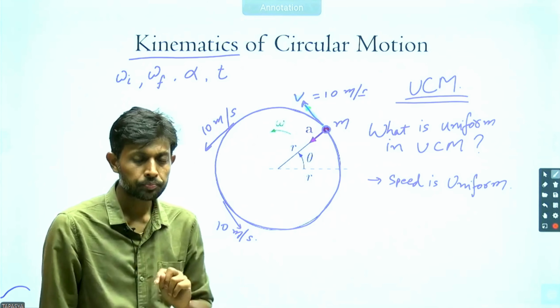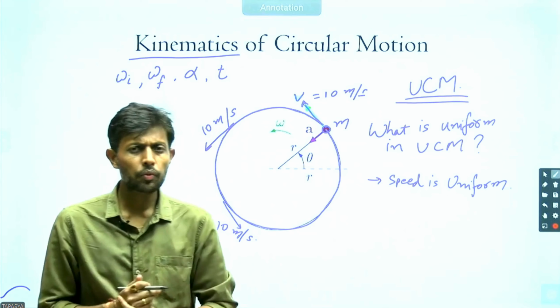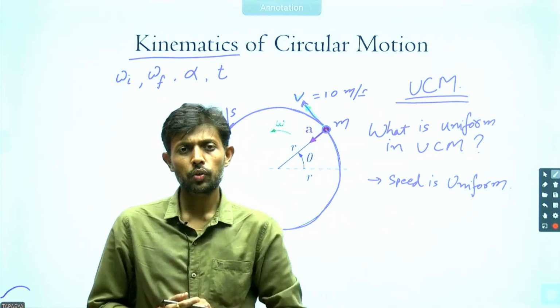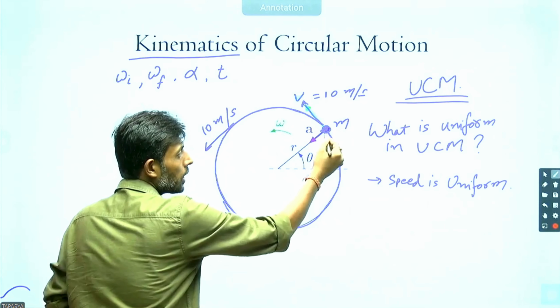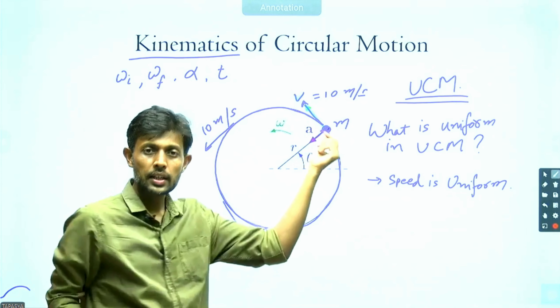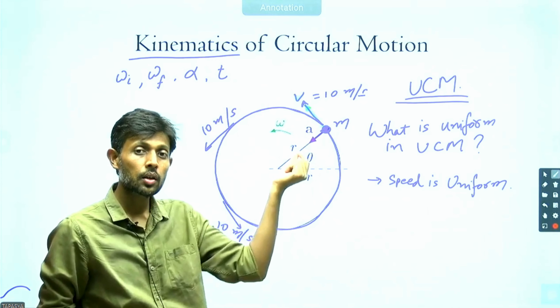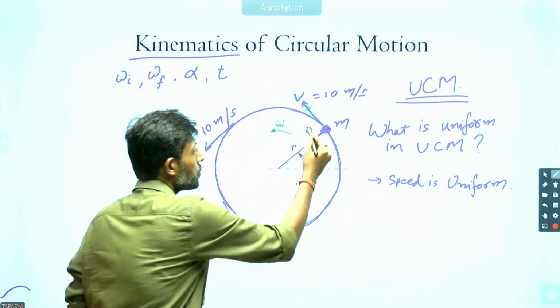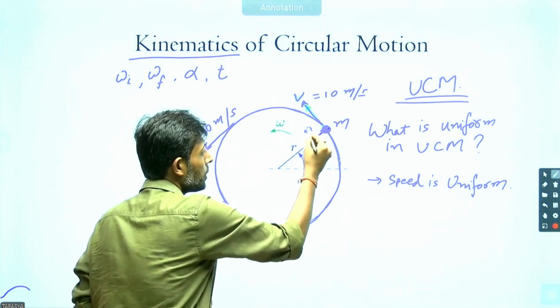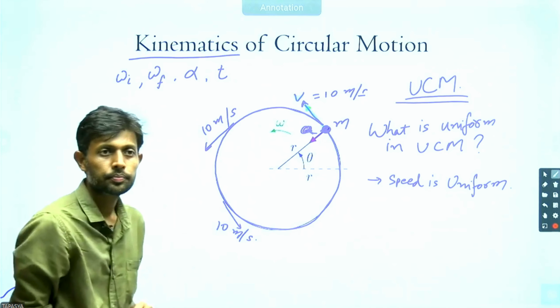One thing to note. What else is uniform? Is the acceleration uniform? Since this thing is going around in circles, there must be a centripetal force helping this move around in circles. Because of that centripetal force, we are going to have a centripetal acceleration.